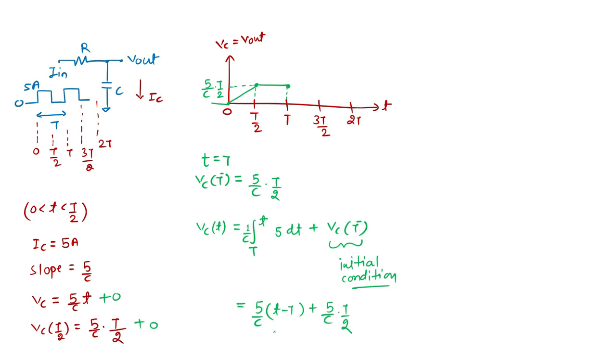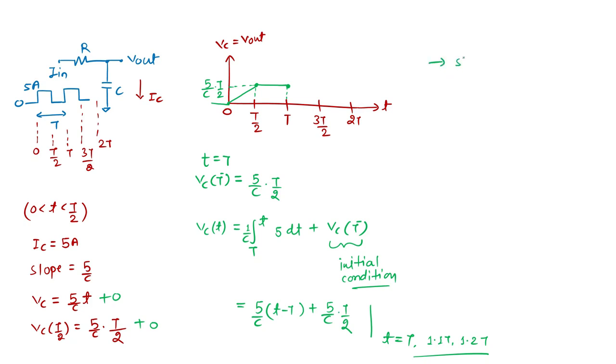So when we put values of the time instant, let's say t equal to t, or 1.1 t, 1.2 t, whatever value of time we put here, we will get the value at these different instants. But what is common that we are observing here?